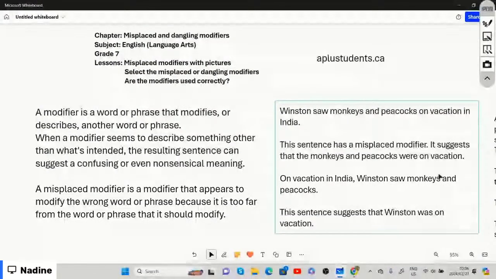And the lessons that we're going to focus on under this chapter are misplaced modifiers with pictures, select the misplaced or dangling modifiers, and are the modifiers used correctly?